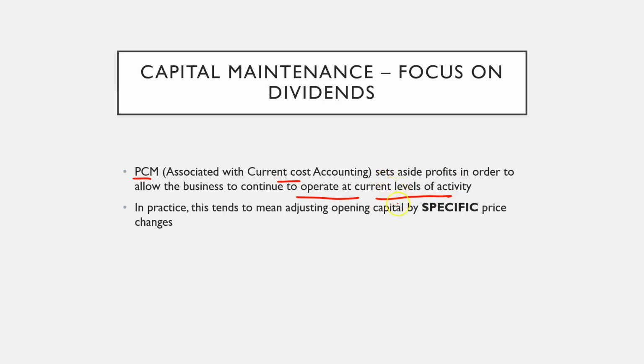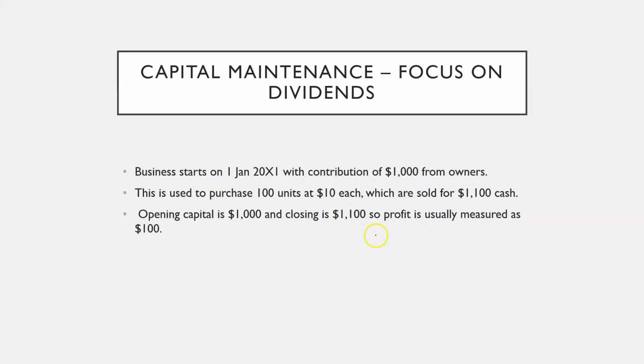If you're not careful, you could give out more dividends than you really should, because if you have inflation, you want to make sure you have enough money around to still buy the same amount of goods. Remember that the prices of these goods have gone up. So yes, you've made monetary amounts, but in real terms you're actually weaker. This means, therefore, adjusting opening capital by specific price changes.